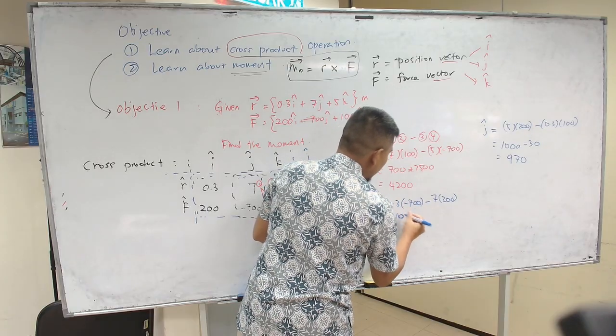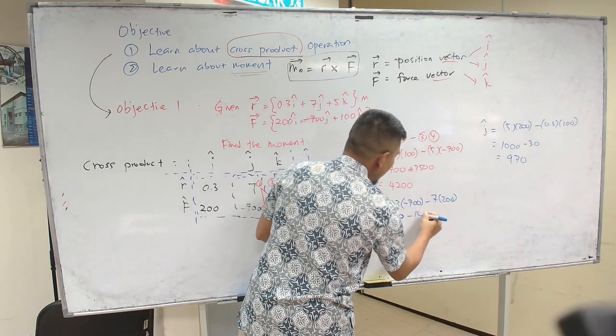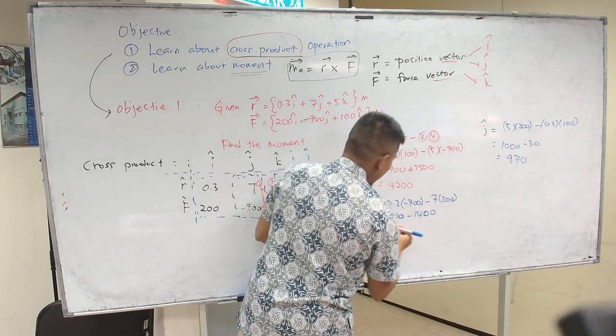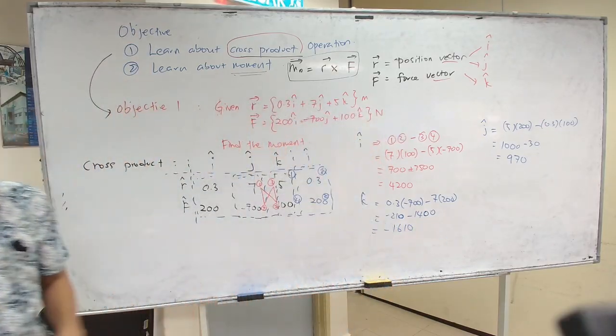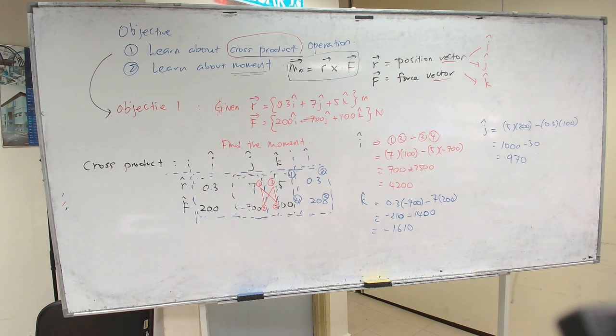Yes, 210 minus 1,400 minus 1610. So that's the cross product operation.